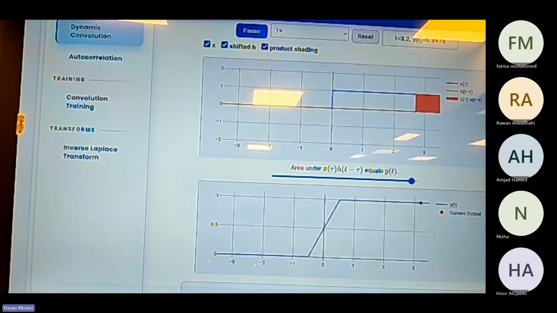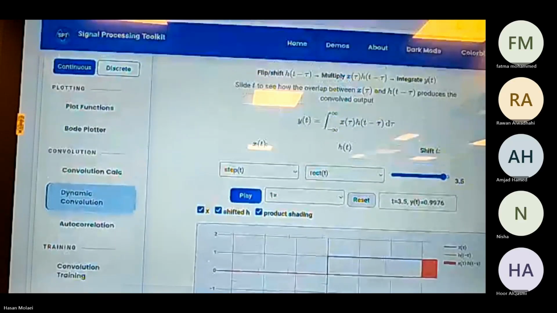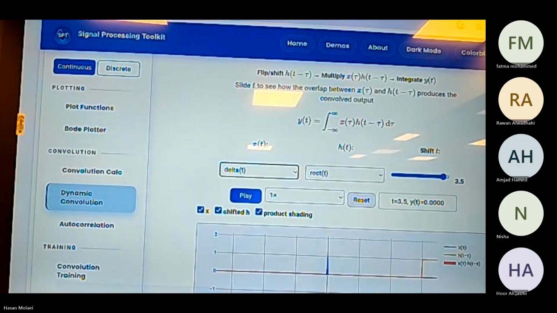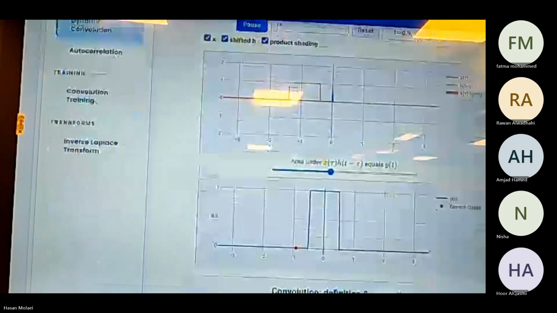If I have delta with a rectangle, the convolution of delta with anything is that thing, so it should be the rectangle again.